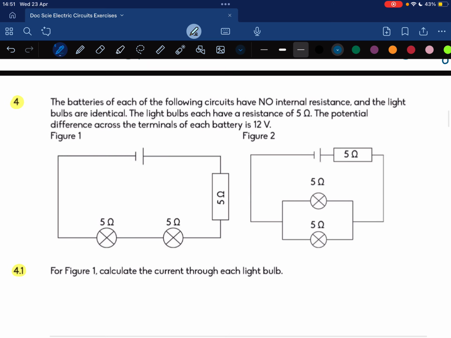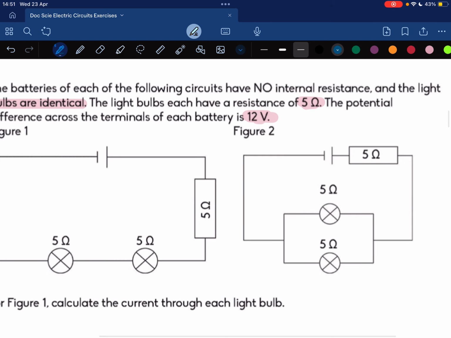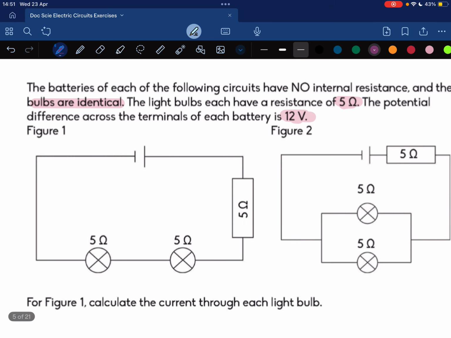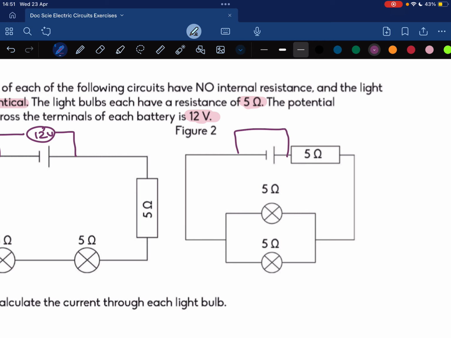It also says the light bulbs are identical, which is quite an important note, because then we know that their resistances are going to be the same. The light bulbs each have a resistance of 5 ohms, and the potential difference across the terminals of each battery is 12 volts. That wasn't put in the diagram, so let's go ahead and put that in. So we know that it's 12 volts here and 12 volts here.